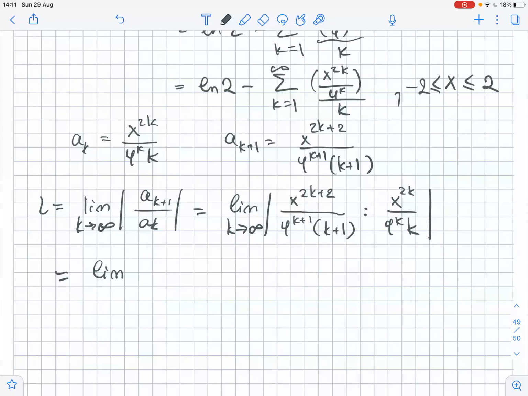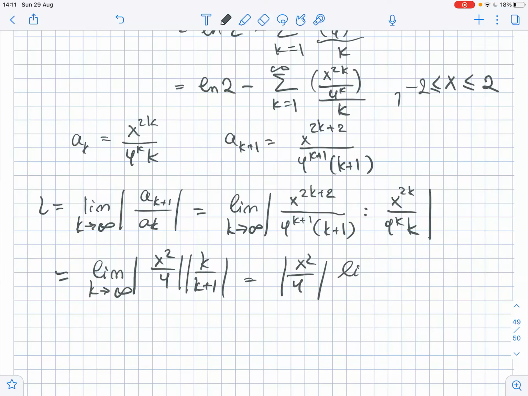Then let's simplify it, so it equals the limit of the absolute value of x squared over 4 multiplied by the absolute value of k over k plus 1, where k approaches infinity.